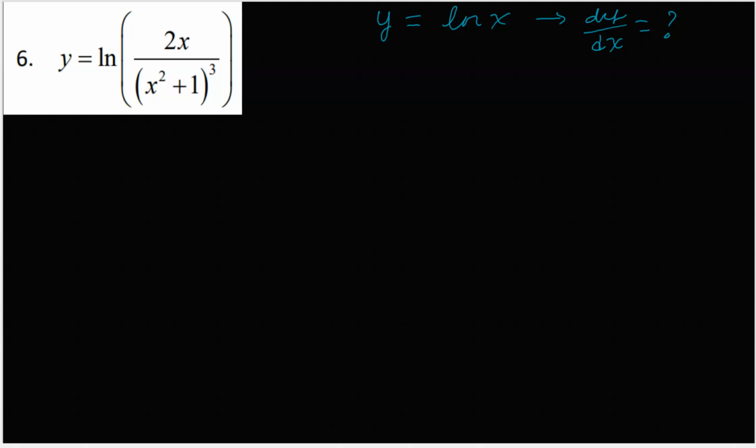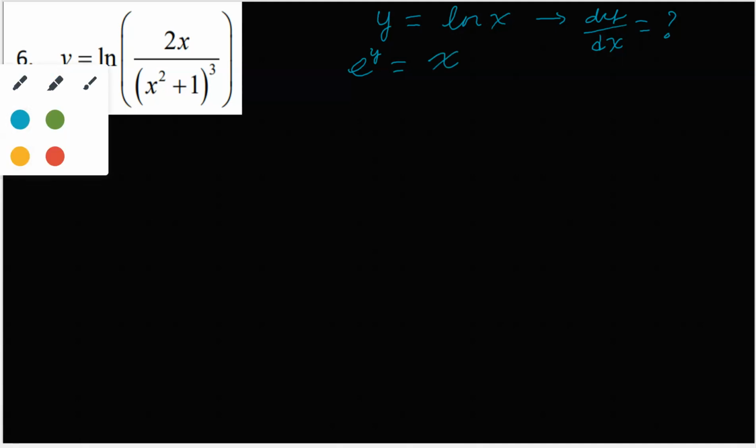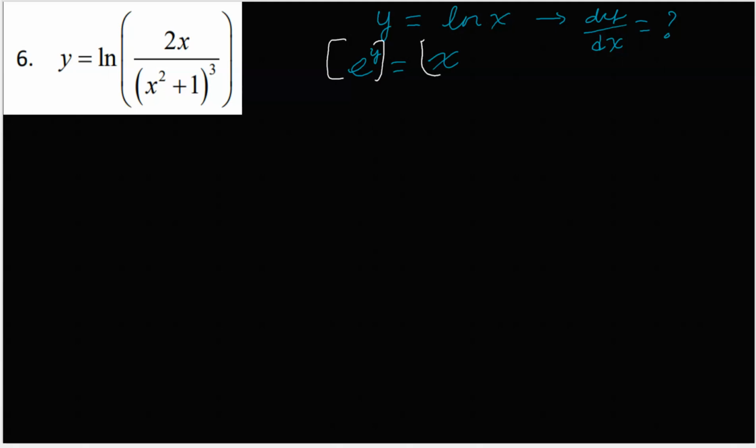If y is ln of x, then e to the y power is x, right? Now when we go and take the derivative, it requires implicit differentiation.